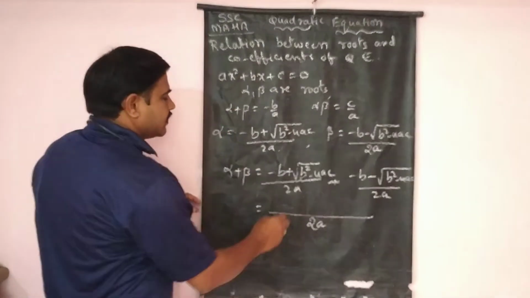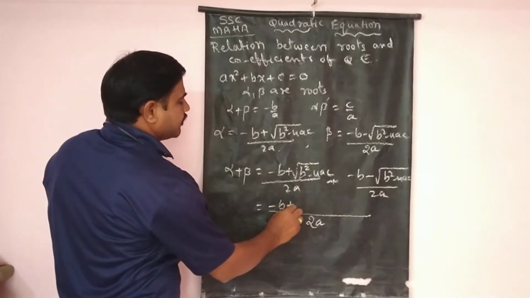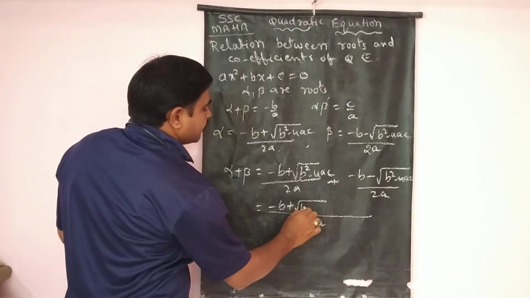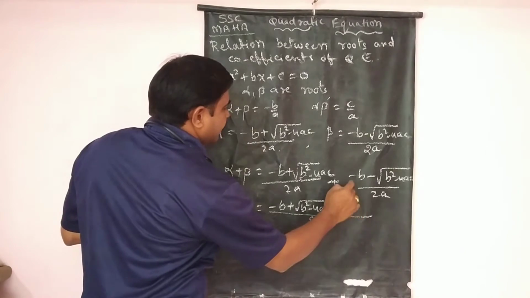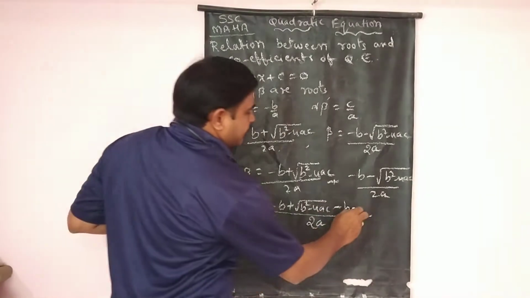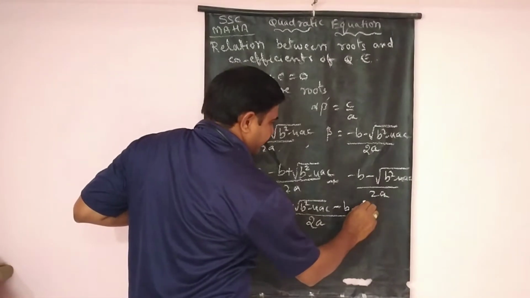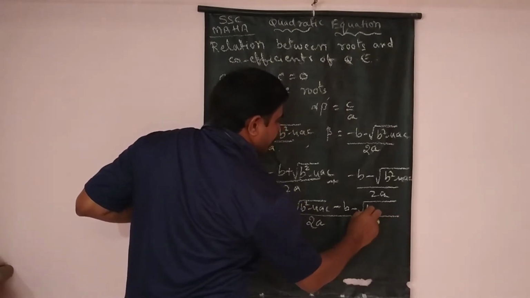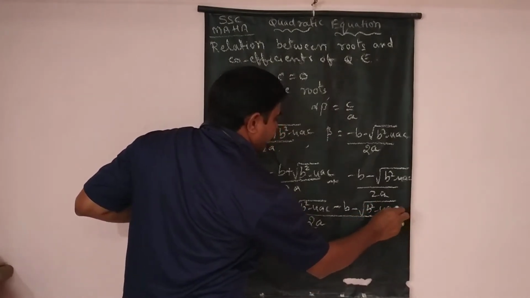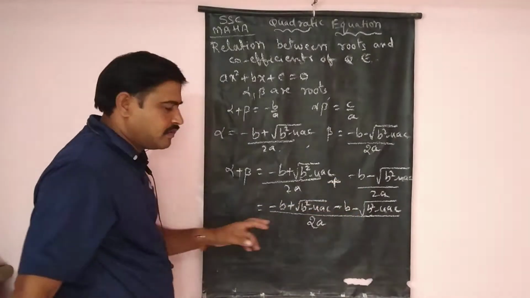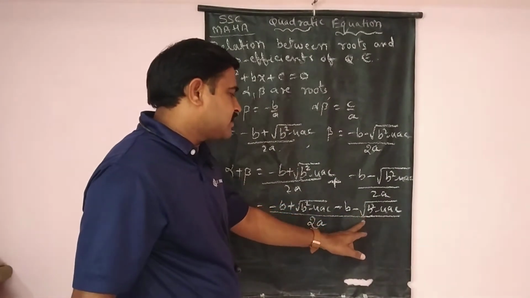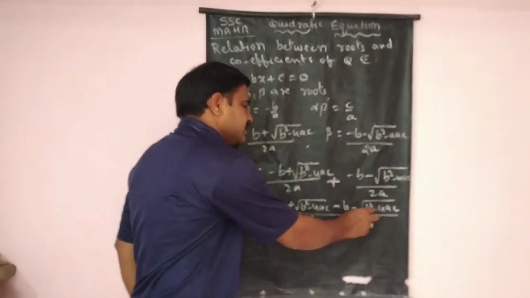The numerator: minus b plus square root of b square minus 4ac, minus b, minus square root of b square minus 4ac.